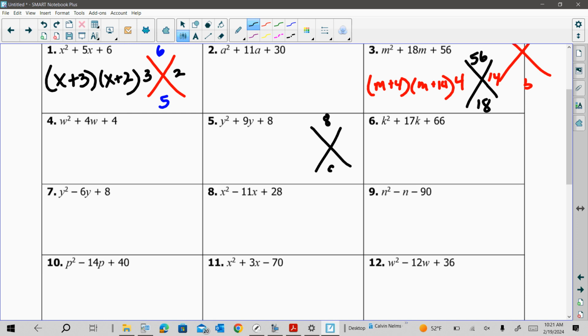Next, factors of 8 with the sum of 9. Just 1 and 8. So this would be y plus 1 and y plus 8.